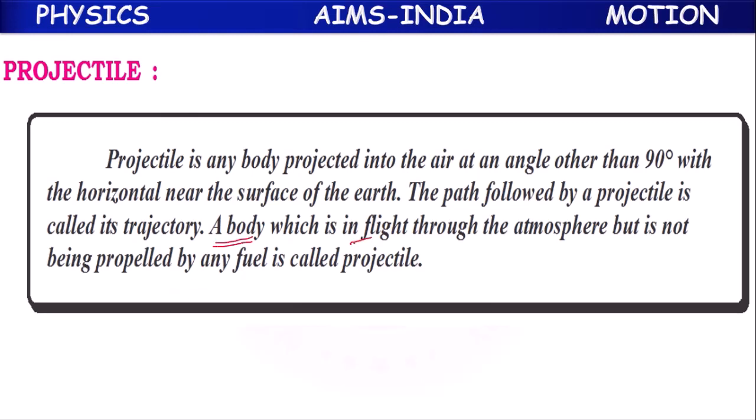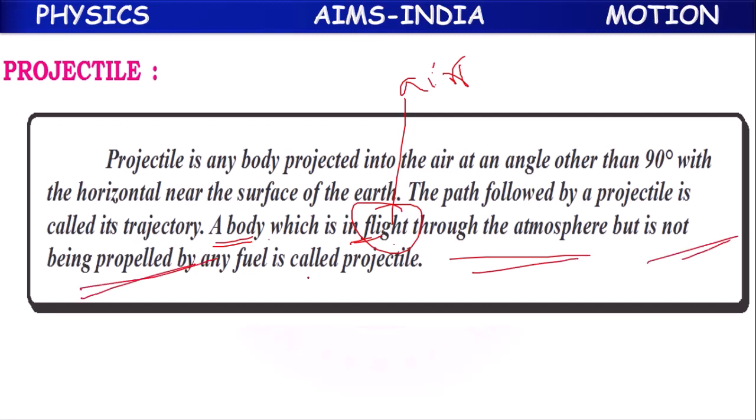So a body which is in flight, flying in the air, through the atmosphere but not being propelled by any fuel, like a ball thrown upwards into the air. While throwing, initially we apply some force. After that, no force is applied.